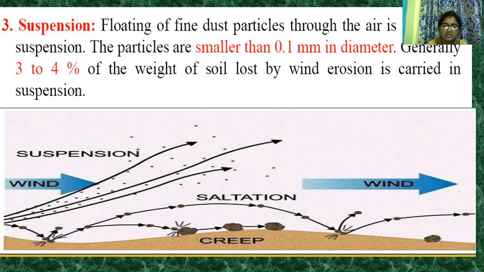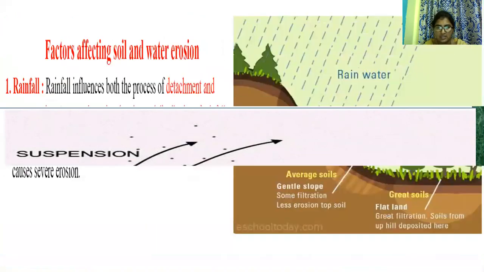The particles in suspension are smaller than 0.1 mm in diameter. Generally 3 to 4% of the weight of soil lost by wind erosion is carried in suspension.